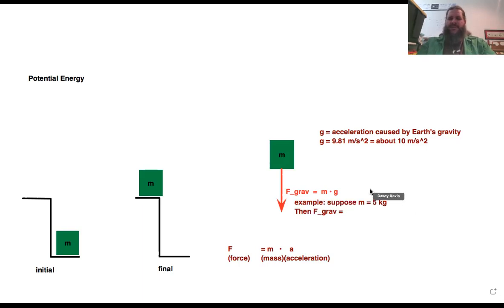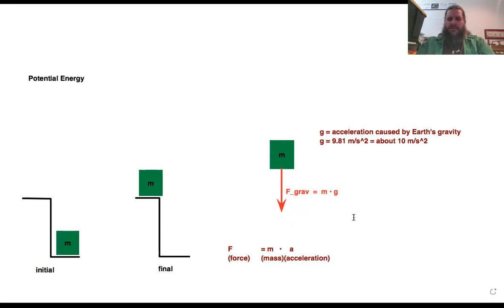If you actually multiply those together, the mass of the object times the acceleration of Earth's gravity, what do you get? Yeah, about 50.